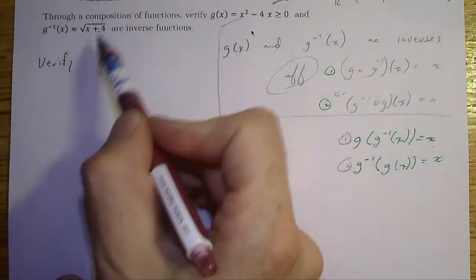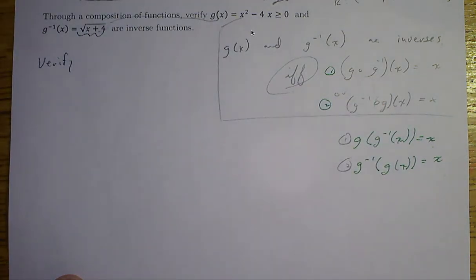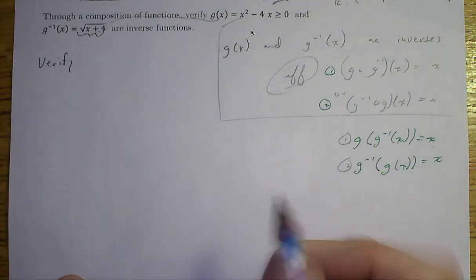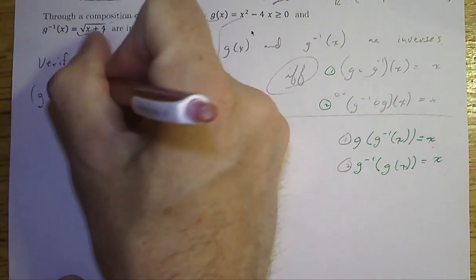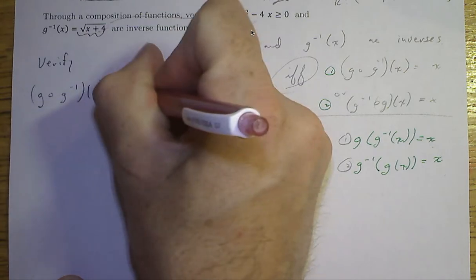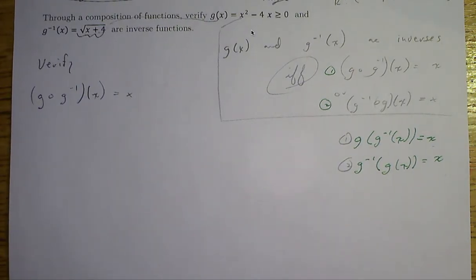Now I think, to me, if I pack this up and put it into my input of g, that would make sense to me. So I'm going to verify g composed of g inverse of x is equal to x. What I will do is work on the left-hand side here, and I'm going to hope for an identity or a statement of truth, or x is equal to x, which would be fantastic.